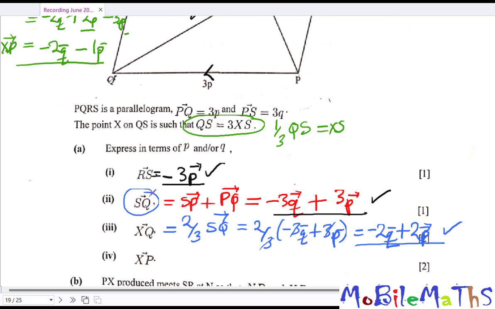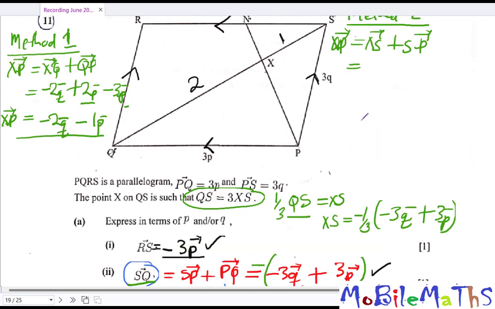So when I have QS and I have SQ here, I'll just take a negative of all of this. It means XS is going to be equal to minus 1 over 3 of minus 3q plus 3p, like that.